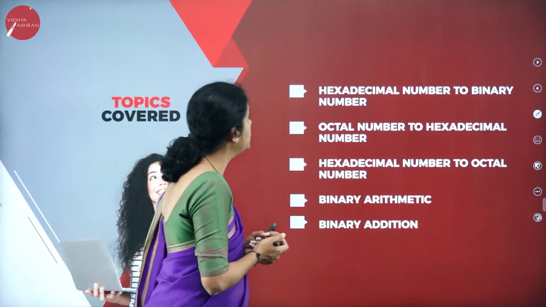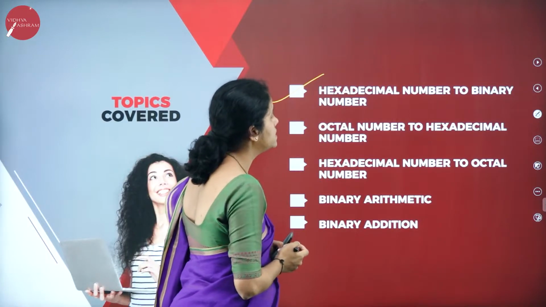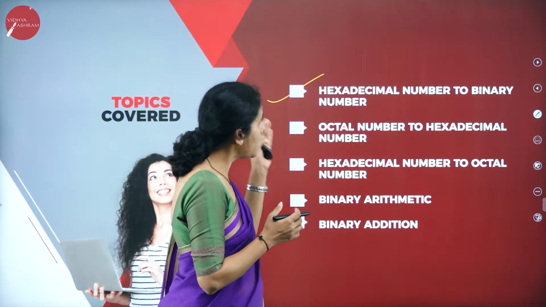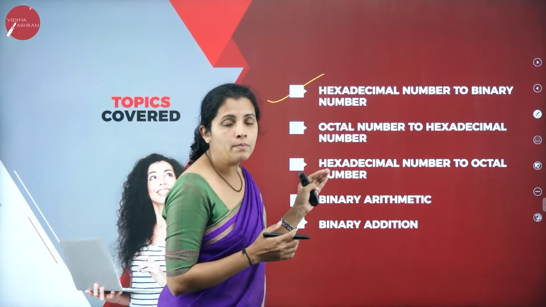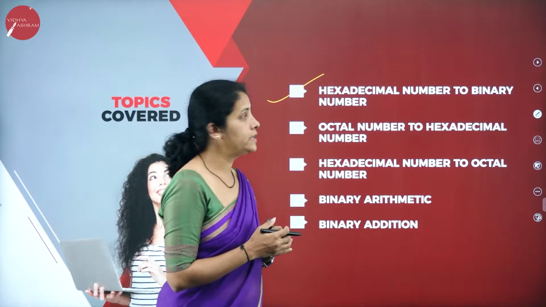In today's session, I'm going to discuss hexadecimal numbers to binary numbers. That means how can I convert my hexadecimal number to a binary number and what rules I need to follow while converting.